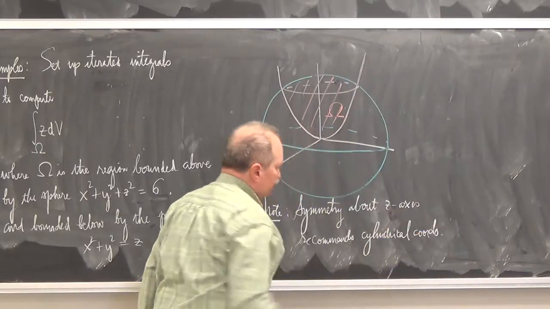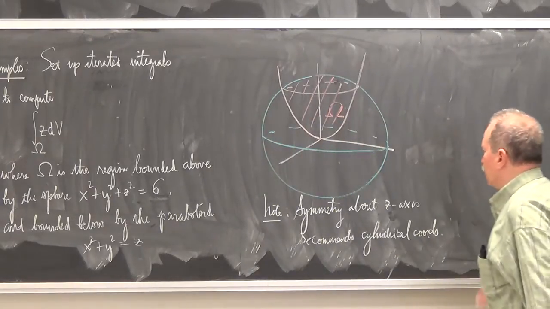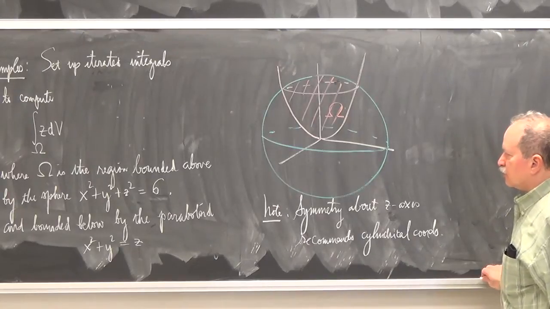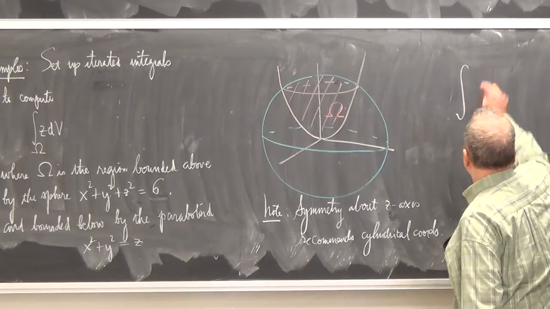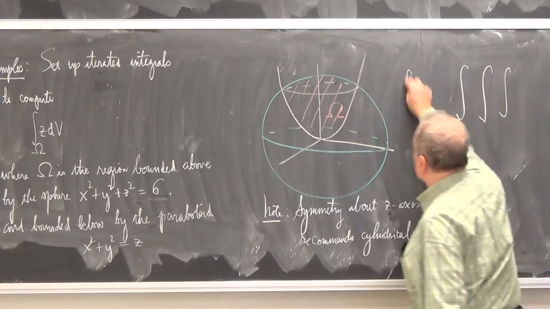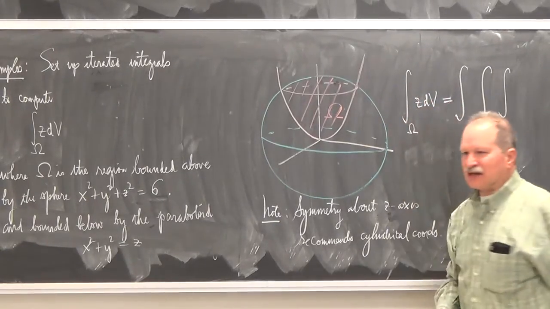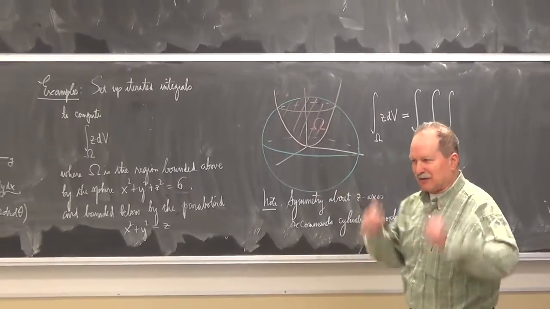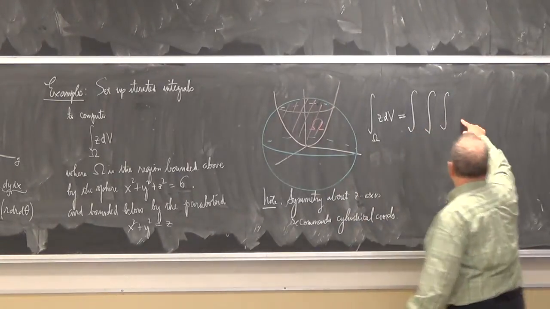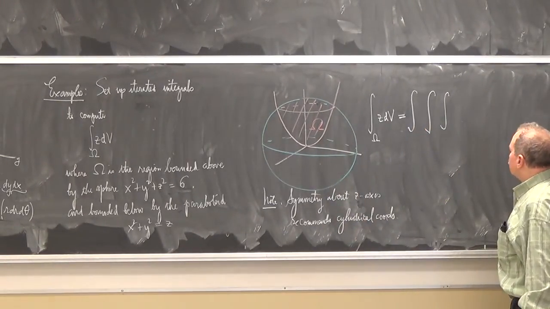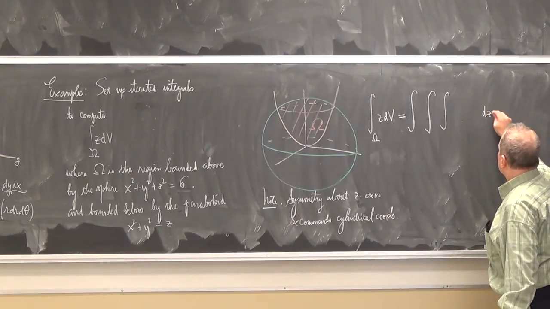All right, so tell me what to write down. I want to write down an integral. I'm integrating a continuous function, so Fubini says I can write it as an iterated integral and I don't have to worry about it. What shall I put here? Z. Okay.